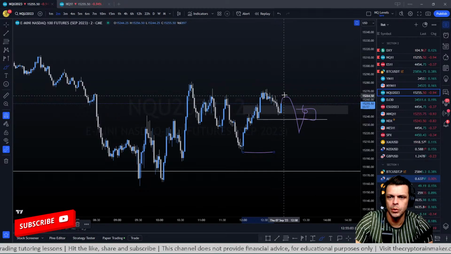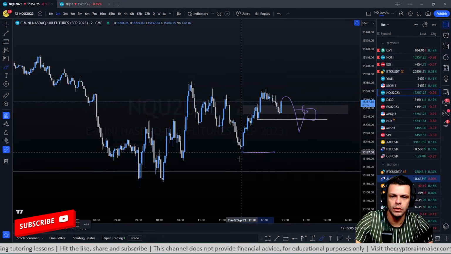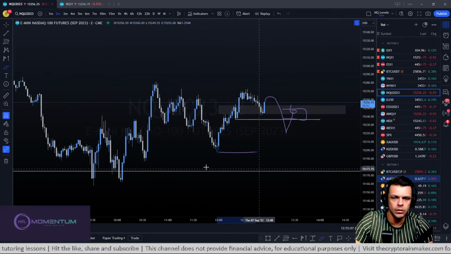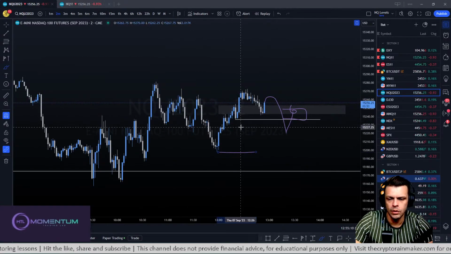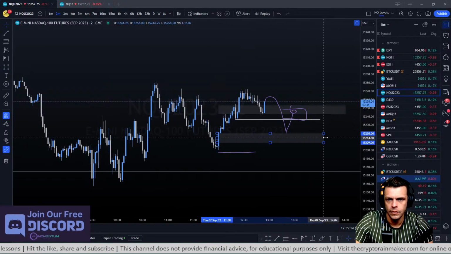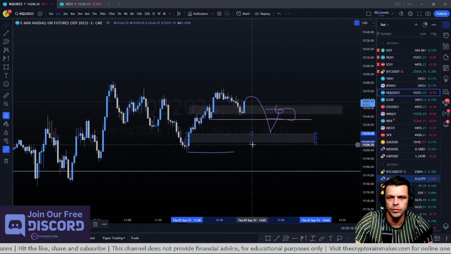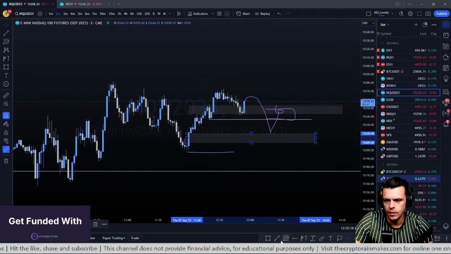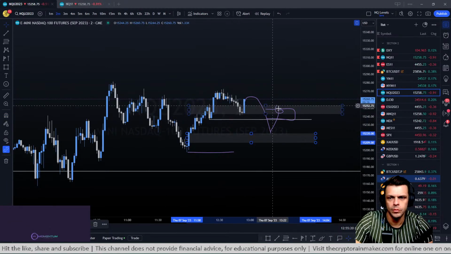So just pair up your position with the liquidity below these lows, so not actually target this area for your first take profit. So just want to switch off the magnet.